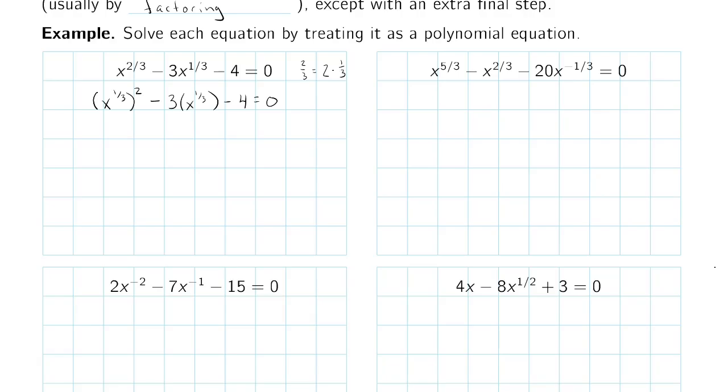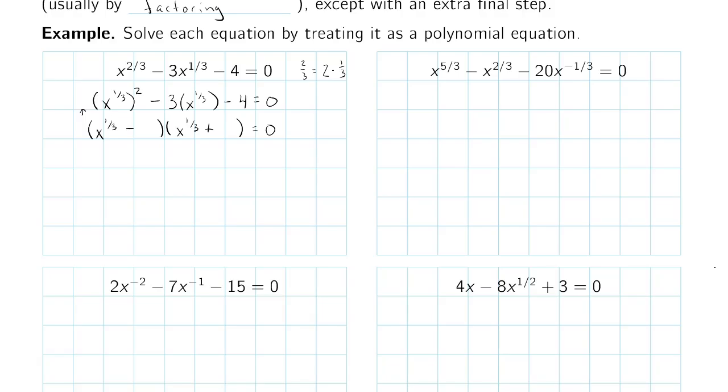And we can say, okay, I'm going to use the AC method. Leading coefficient is 1, so I can use the shortcut. My variable is named x to the 1/3 for the moment. I want two numbers that multiply to -4, so I'm going to have a negative number and a positive number.